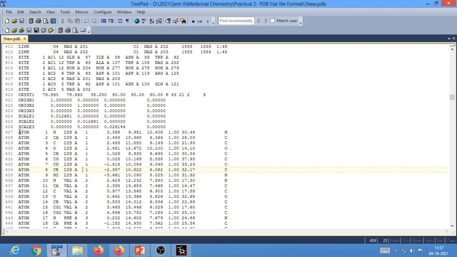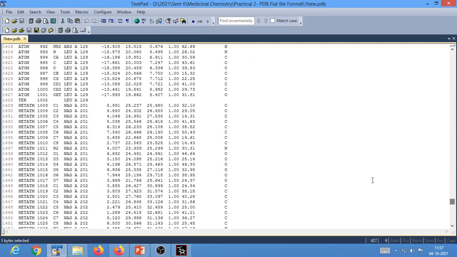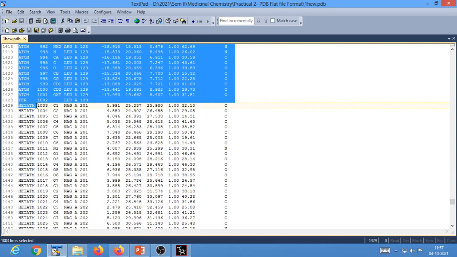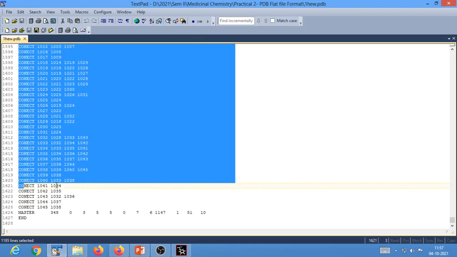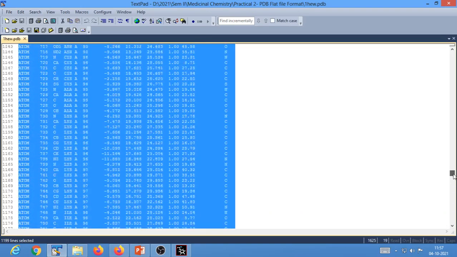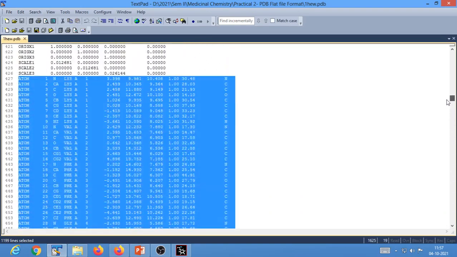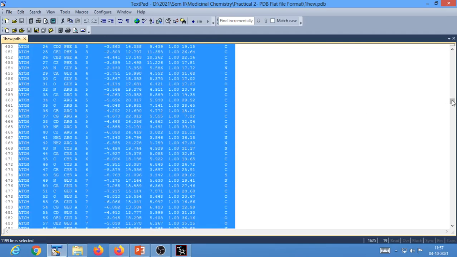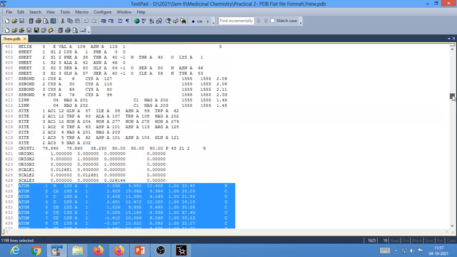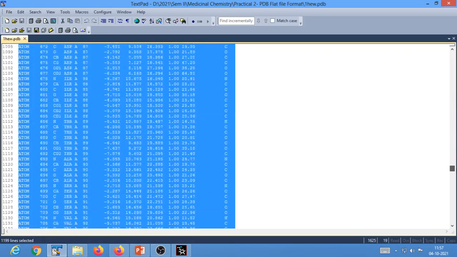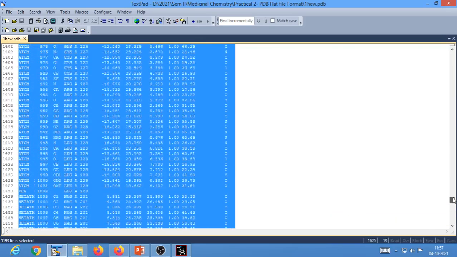All the lines that begin with the ATOM keyword, eventually the lines that begin with HETATM, and the CONECT keyword, all of this data is included in your coordinate information, or we can call it coordinate lines. The majority, or the bulk, of your PDB file is occupied by these coordinate lines.